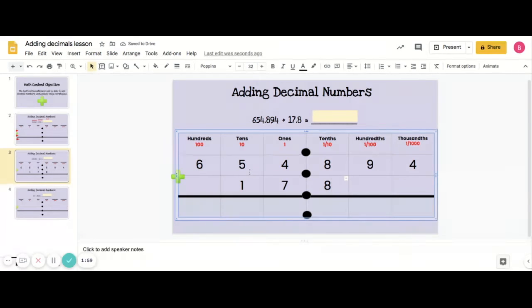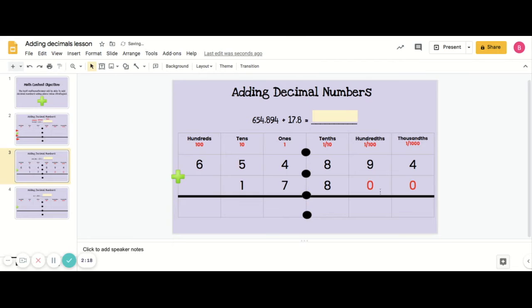I'm going to make sure that we have 17 and 8 tenths correctly in our place value chart. One of the things that we can do to help us here is add a 0 here and a 0 here as placeholders, so we have all of our place values taken care of. Now we are ready to add.